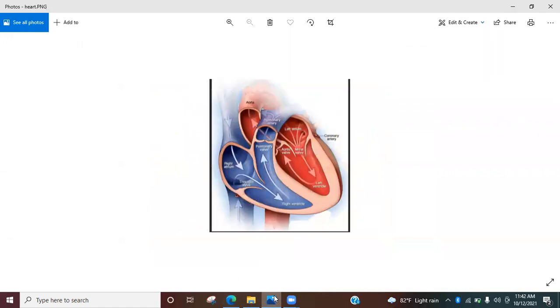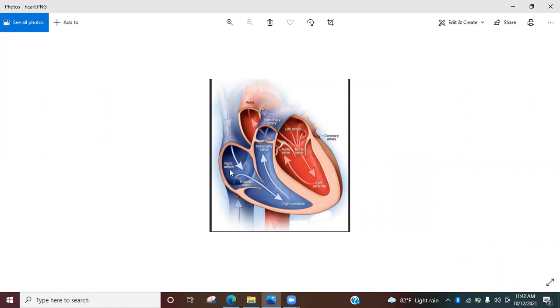Here in this picture, the same heart, but it shows the way the blood is flowing. So look at the arrowheads. Here it shows superior vena cava and here inferior vena cava.